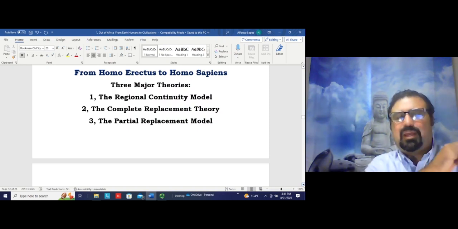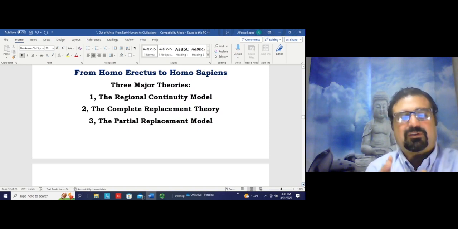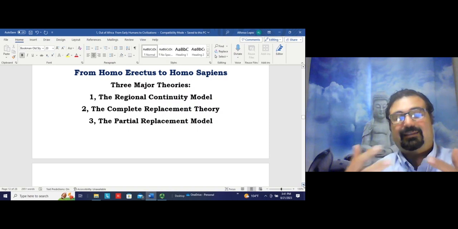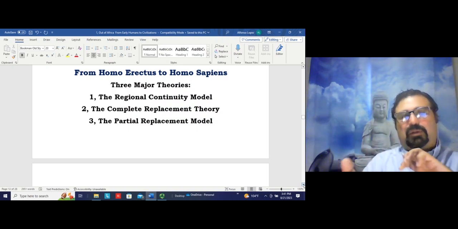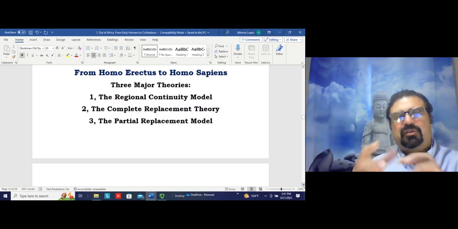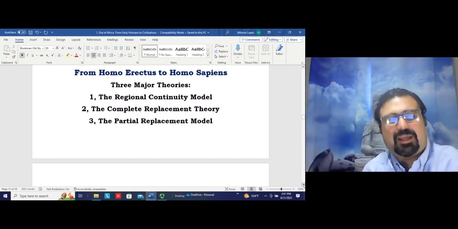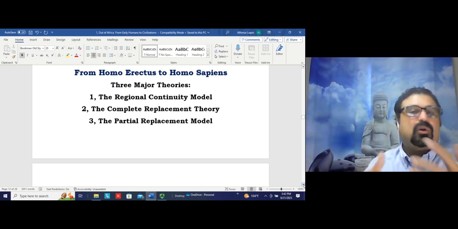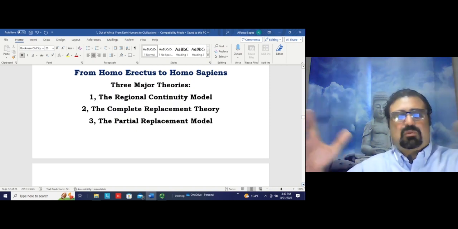And the partial replacement model, number 3, is that some scientists tend to believe that there was interbreeding. As a matter of fact, that there was exchange, if you will, between the Neanderthals and the Homo sapiens. They mated, some of them, and there was a certain partial replacement because the Neanderthals began to take on more human characteristics, and eventually, there was a merge.